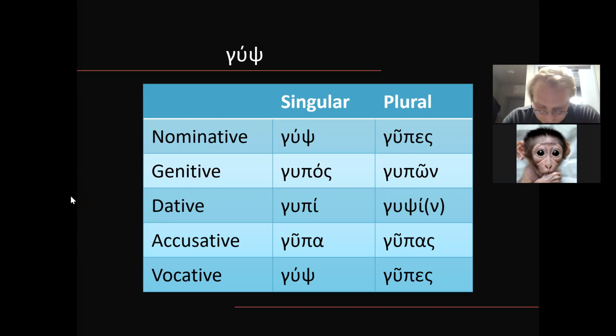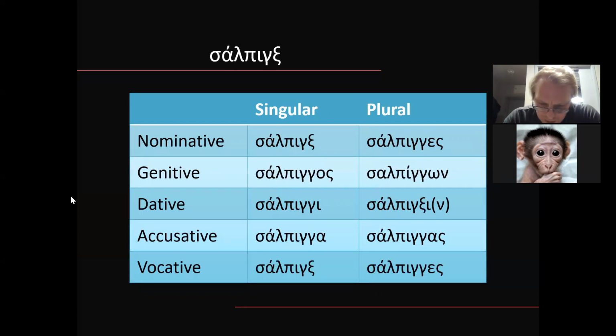But if you turn to the next paradigm, we have here the example representing the third declension nouns ending in velar consonants. And you can also find this paradigm, but with another example now in the Cambridge grammar on page 48. So 48, section 435.